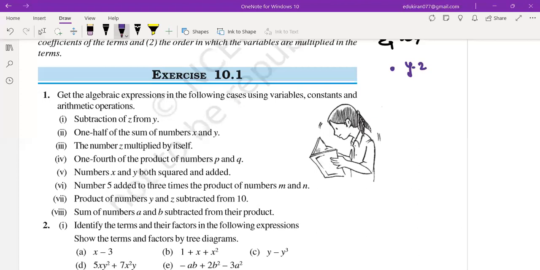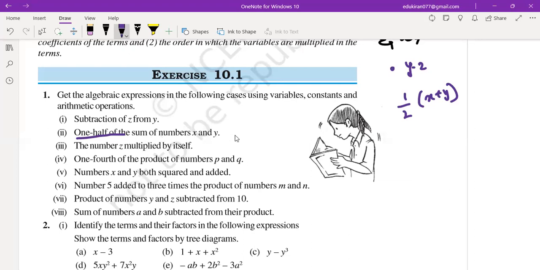1/2 of the sum of number x and y. Yes, everybody? No, ma'am, I got something different. See, 1/2 means half, right?